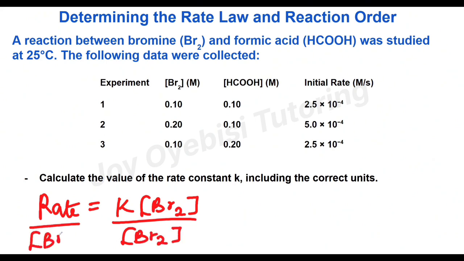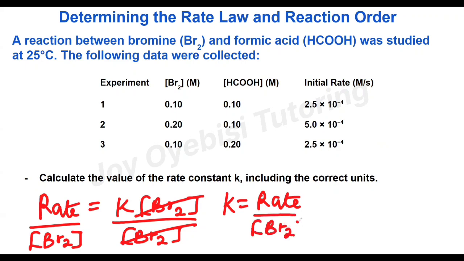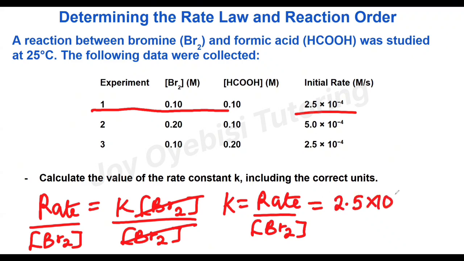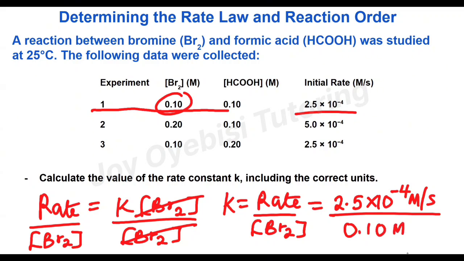We do that by dividing both sides by BrO2, so that these cancel out, and our K would be rate over the concentration of BrO2. I'm going to choose experiment 1. So the initial rate here is 2.5 times 10 raised to the power of -4 molar per second, over the concentration of BrO2, which is 0.10 molar.